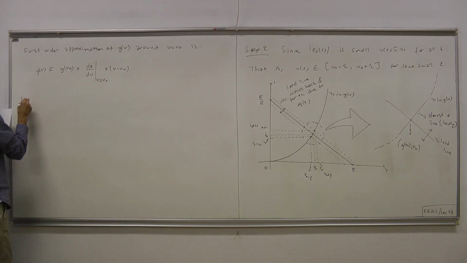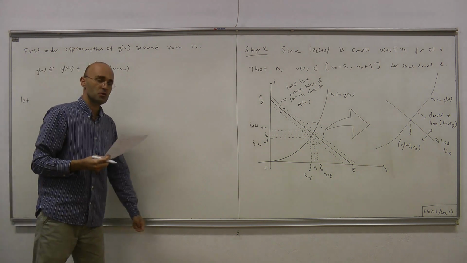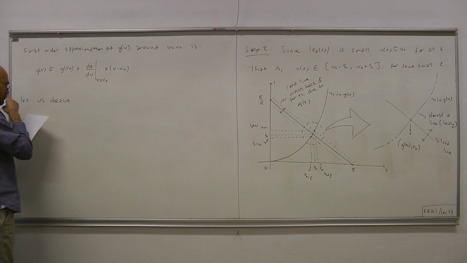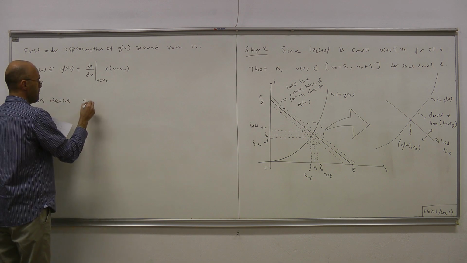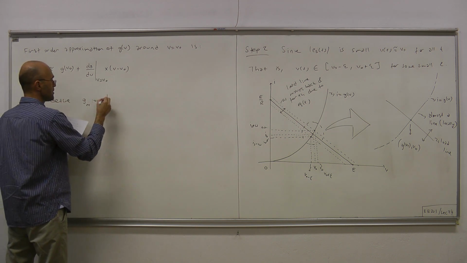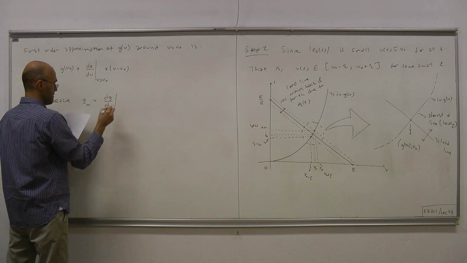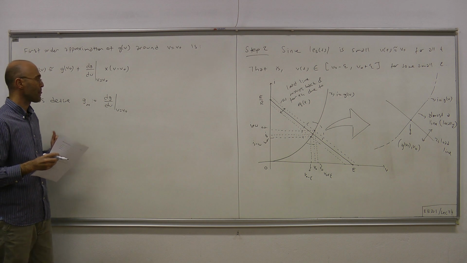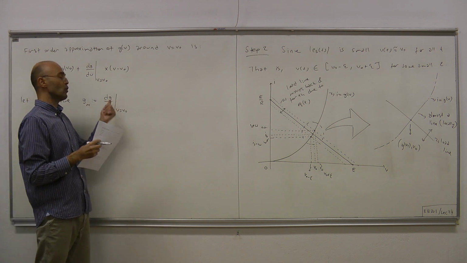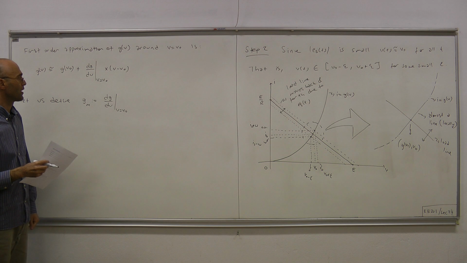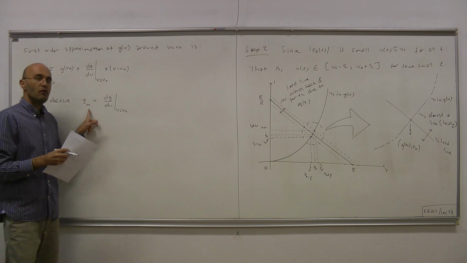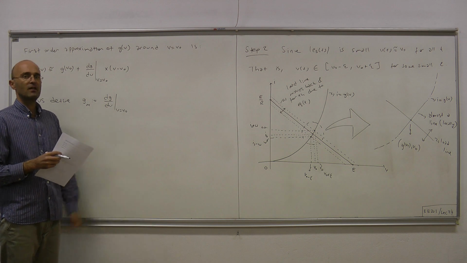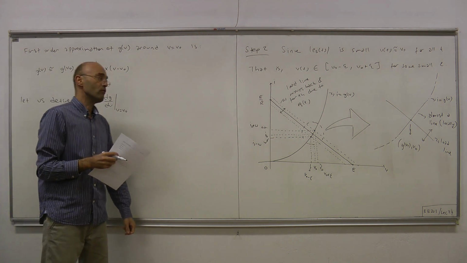Now, to simplify our analysis, let us introduce some notation. Let us define Gm as dG over dV at V equals V0. So this is the slope of the curve I equals GV. What's the unit of the slope? G is current, V is voltage, so current over voltage, amp over volt.